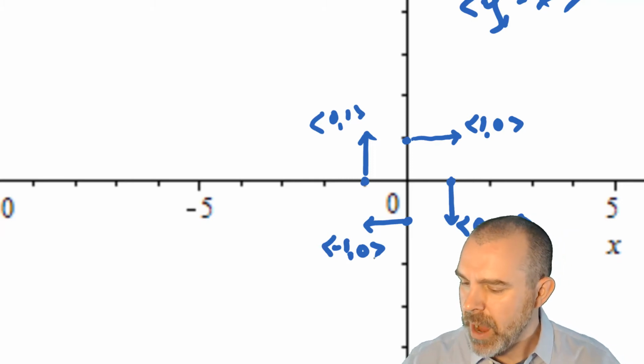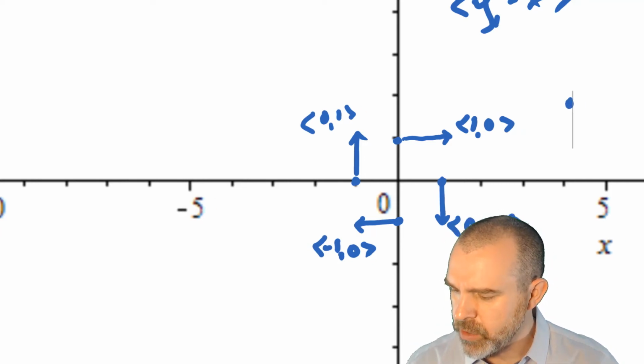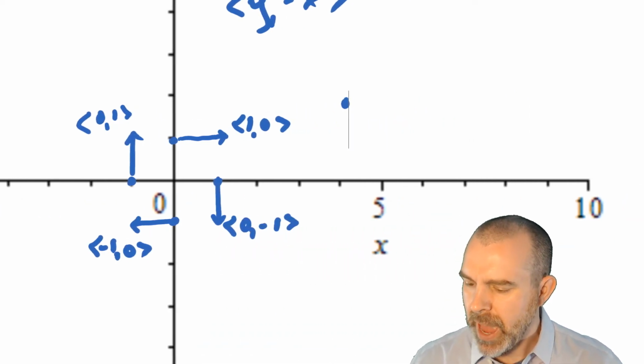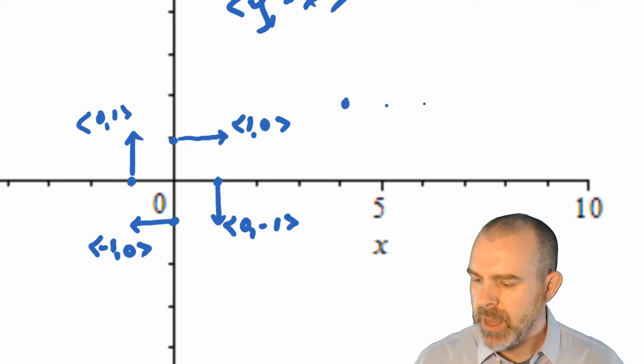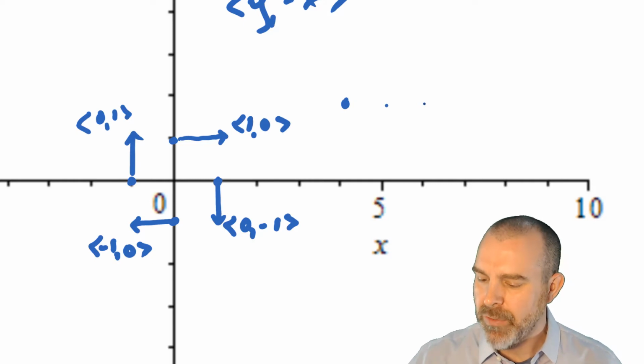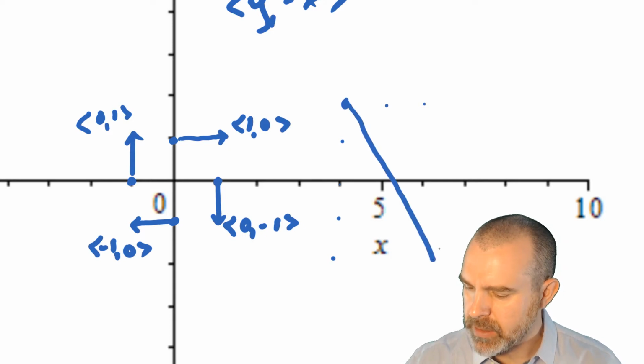And you can pick another point out here. Say I pick this point out here, 4, 2. It's going to be a little harder to draw. So the x component will be 2, so I'm going to have to move right 2. And the y component will be negative 4. 1, 2, 3, 4. So that one will go like this.